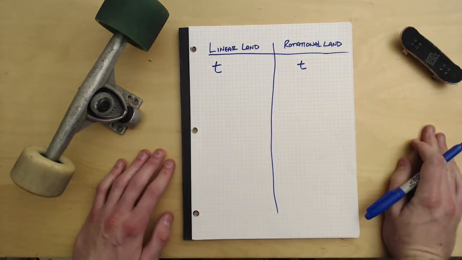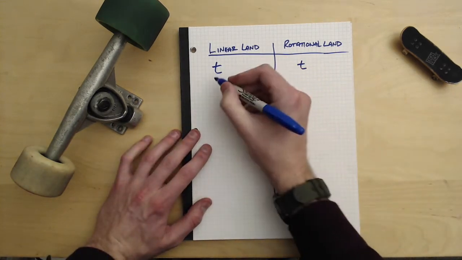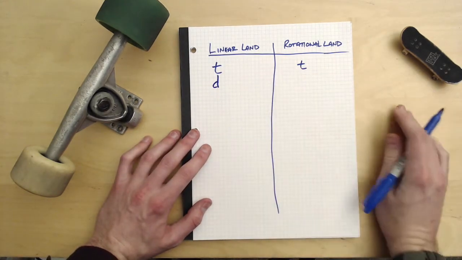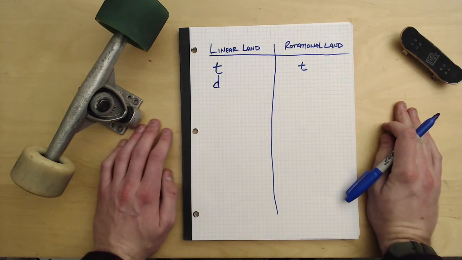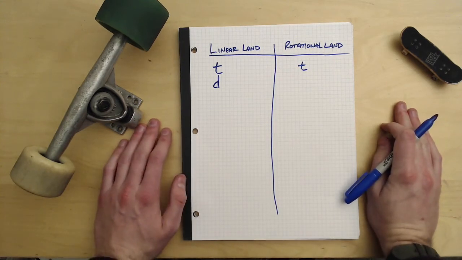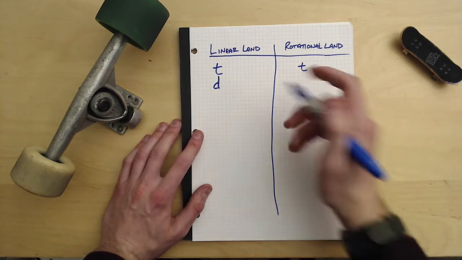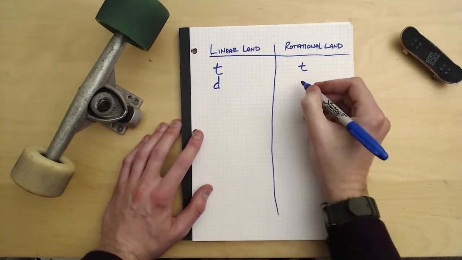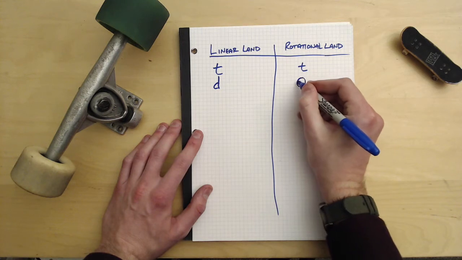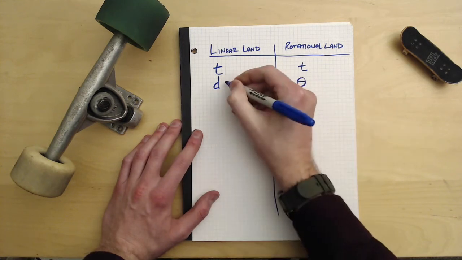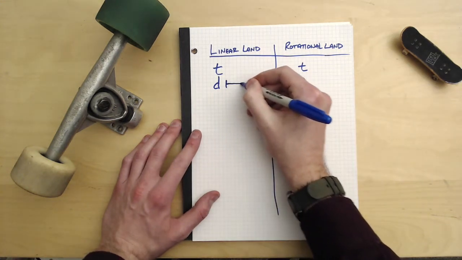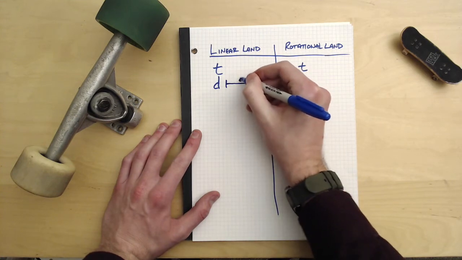The next variable that we looked at was, in fact, distance, and we represent that with d, x, y, many other different ones, but today we'll stick with d. When we're translating distance over into rotational land, we're going to call that theta. In linear land, distance was just a distance from here to there.